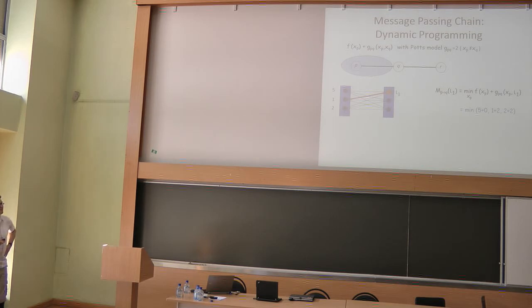So we compute so-called messages. A message is the information which is passed on up to node Q, and encodes all of the unary and pairwise terms we have up to node Q. A message has 3 values, and the first value says: for this pixel Q, if it were to be in state L1, the first state, what would be the optimal configuration for the ones before it? If Q is L1 and P were also in state L1, what is the cost?